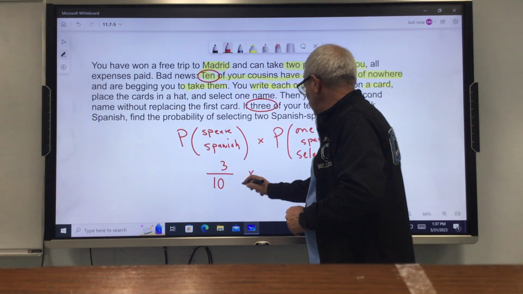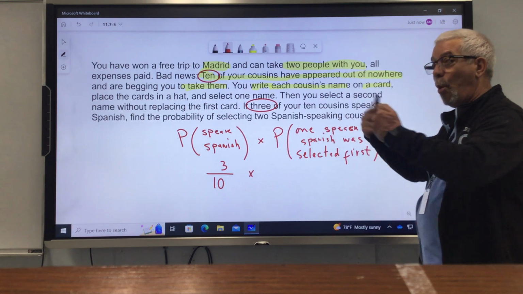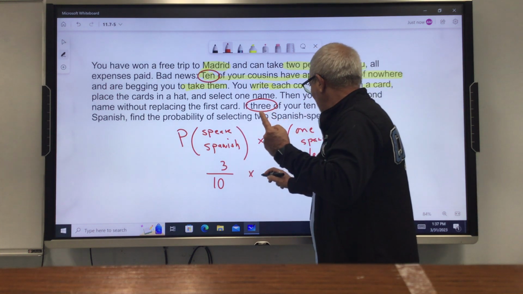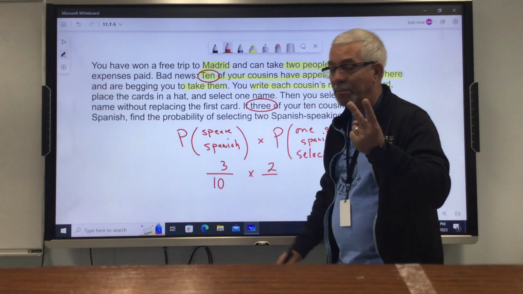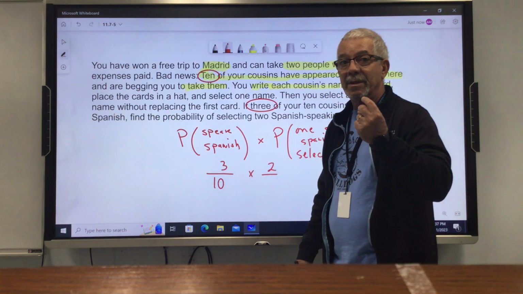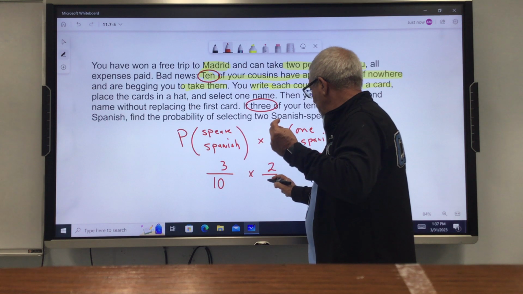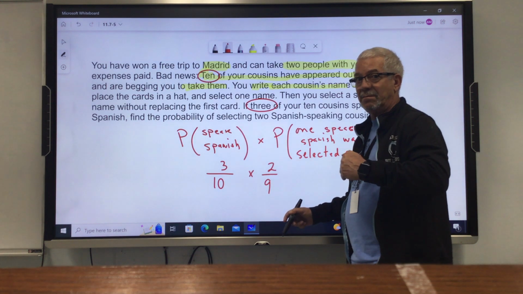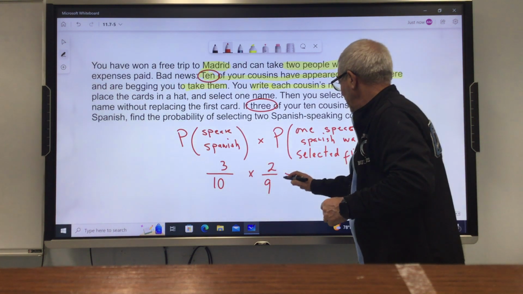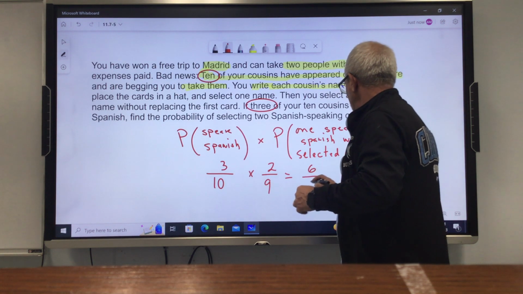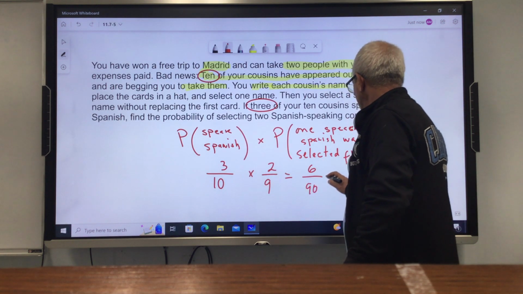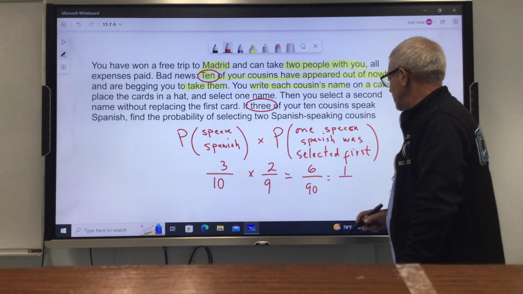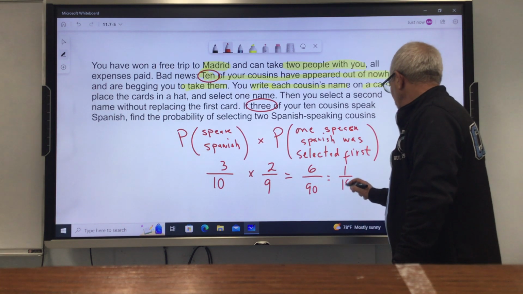But now, my second condition is that I selected one already that speaks Spanish. If I select one already, how many will I have now that speak Spanish? 2, because I selected one already. And the denominator would be 9, because one is selected already. Now I multiply 3 times 2, 6, and 10 times 9 is 90. 6 over 90 is 1 over 15.